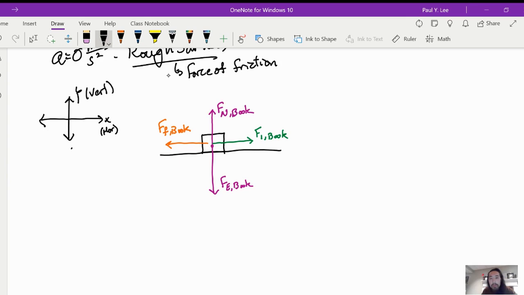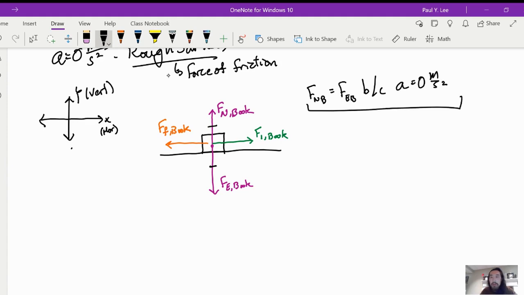So we know that the vertical forces, okay, they're equal. And if I were to ask you, why are these forces equal? We can say the Fn on the book is equal to Fe on the book because the acceleration is equal to 0 meters per second squared, right?